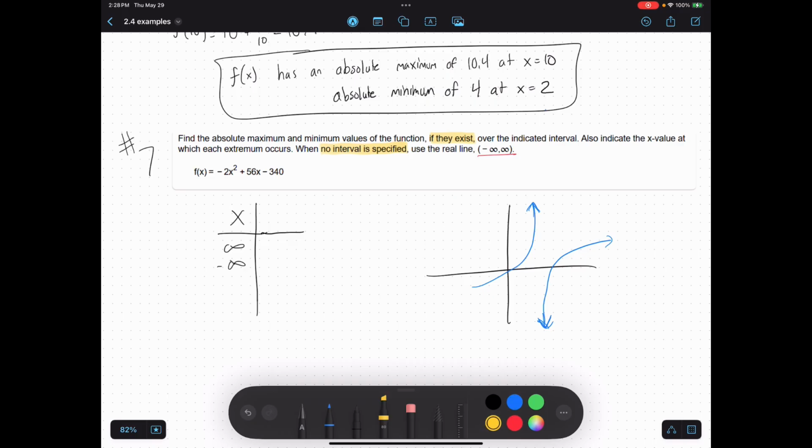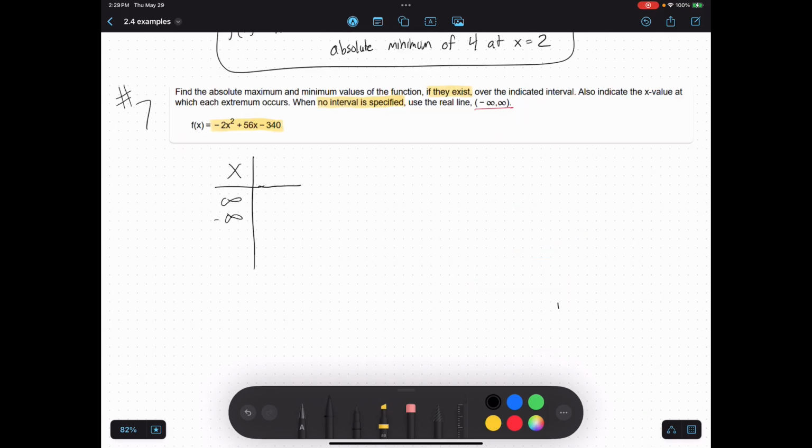But if you look at our function, it's a polynomial. And we know that polynomials are continuous everywhere. So this function doesn't have any discontinuities. Well, the last point I need to look at is any critical points. So to find my critical points, I need to take the derivative. My derivative is negative 4x plus 56.